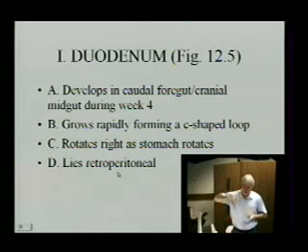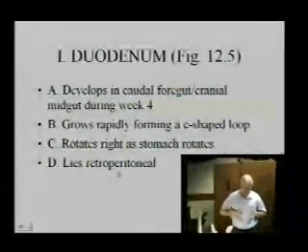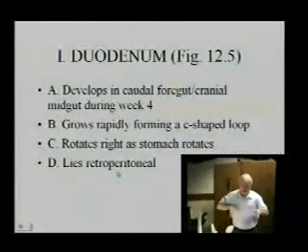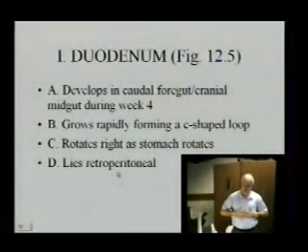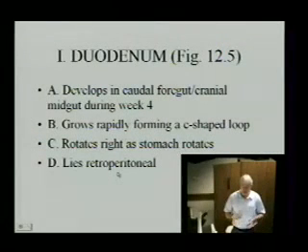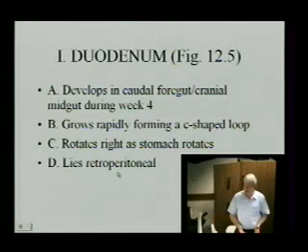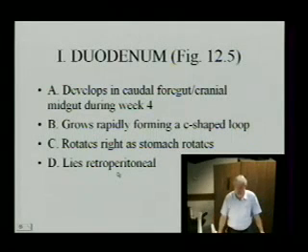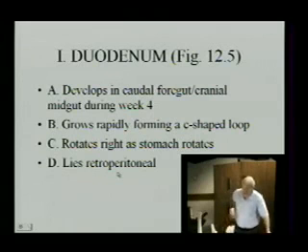As the duodenum is pushed back toward the body wall to form that C shape when the midgut rotates, it comes around like this. The dorsal mesentery gets plastered against the posterior body wall, and basically we lose the dorsal mesoduodenum. It just becomes incorporated into the parietal peritoneum on the body wall. What this does is it places the duodenum outside of the peritoneal cavity, outside of the greater omental sac.